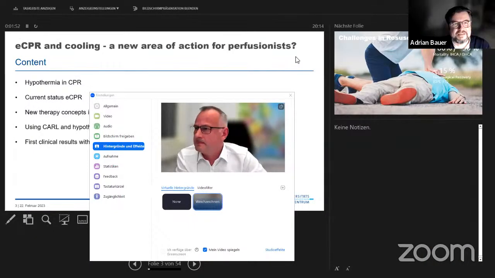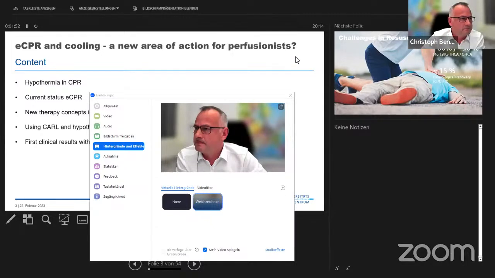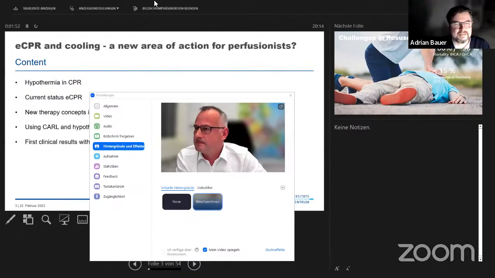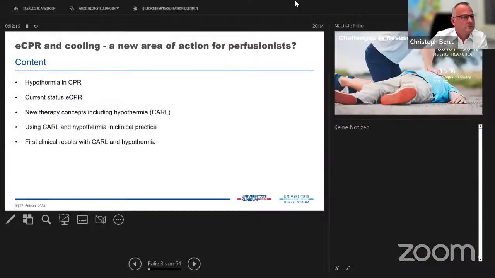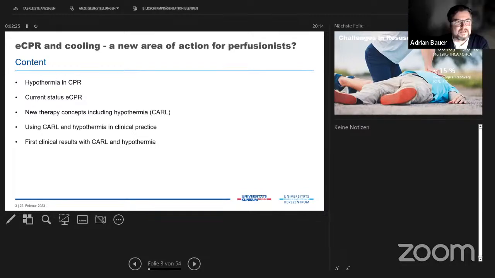Do you use a second screen, Christoph? Yes. Probably it could help if you close that screen or the laptop. Check it 1 second. So this is almost okay.